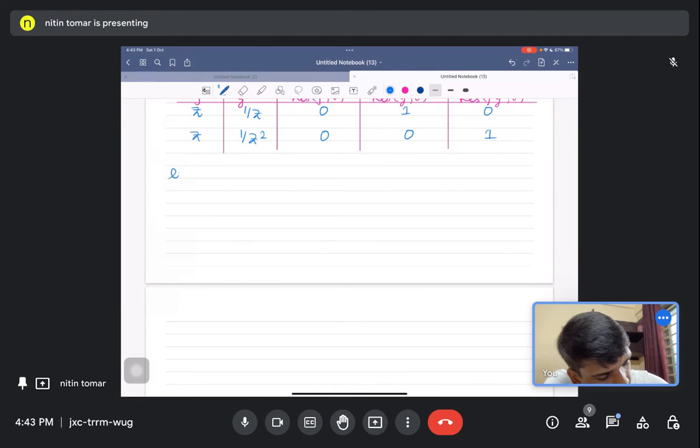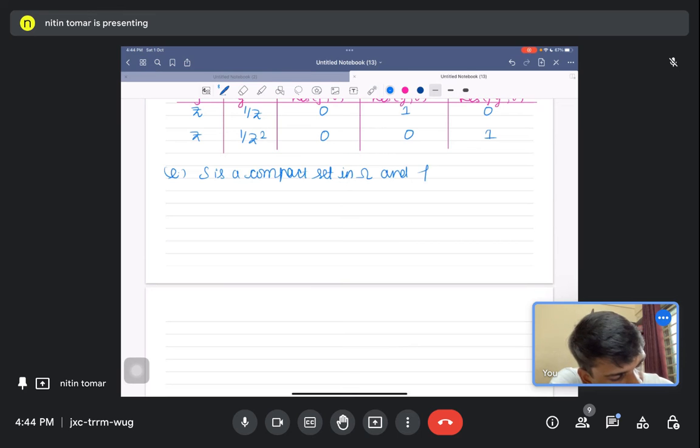So S is a compact set in omega in which f is meromorphic, and this m is for meromorphic, okay? Can I use this notation without confusing you? Yes.